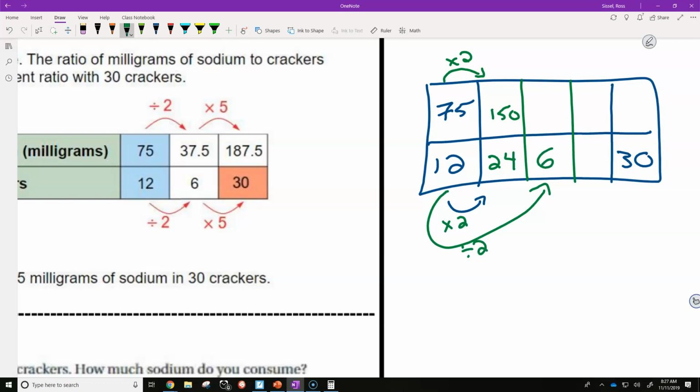That'd give me 6. If I divided by 2, 37.5. And then I could have said, hey, 24 plus 6 is 30. So 150 plus 37.5 is... So there's all these different ways.